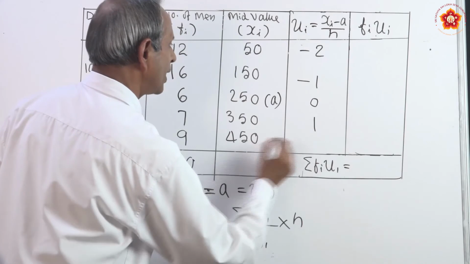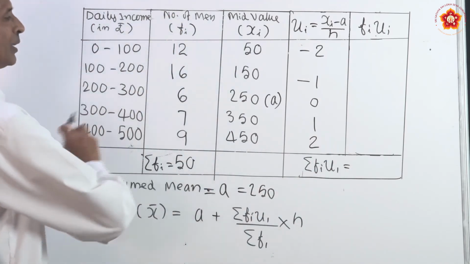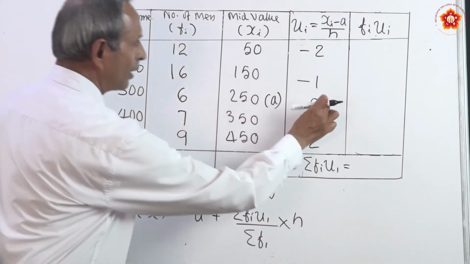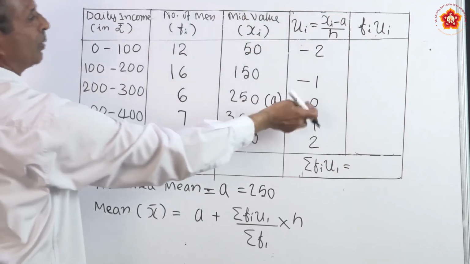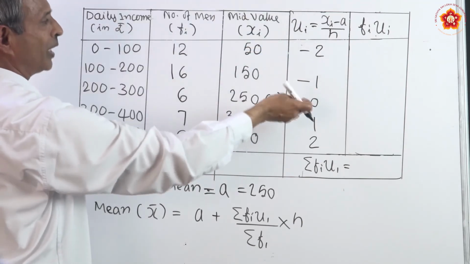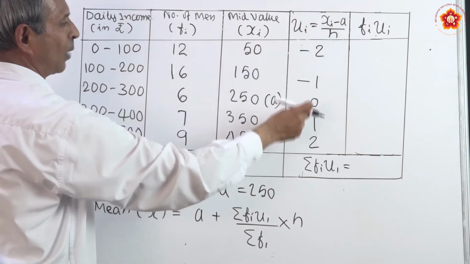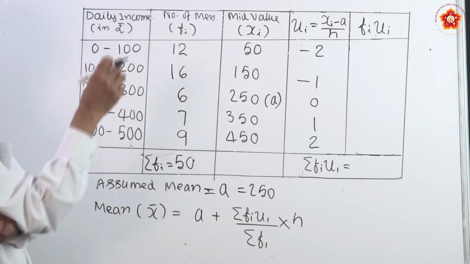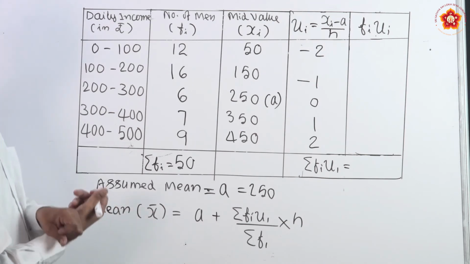Here 1, here 2. This is a trick: put the 0 where you have assumed the mean. If the mid value is decreasing, then it will be a negative value. By 1 unit it decreases by 1, here 2 units, then increases by 1 unit, then 2. Now here ui is a very small number, so multiplication becomes very easy in this method.